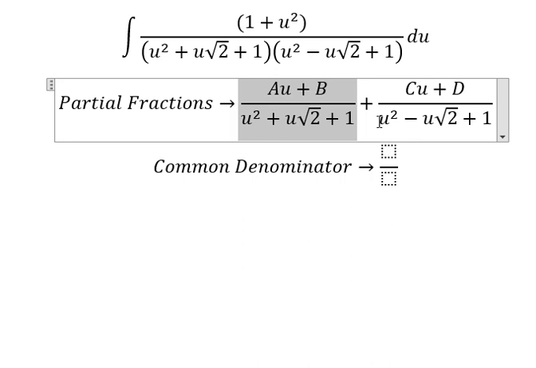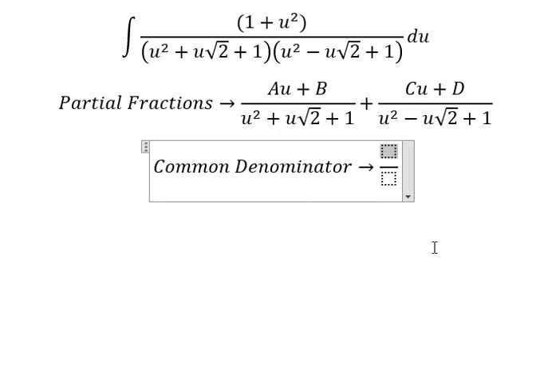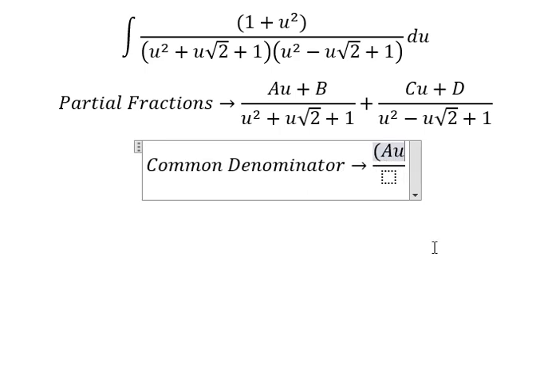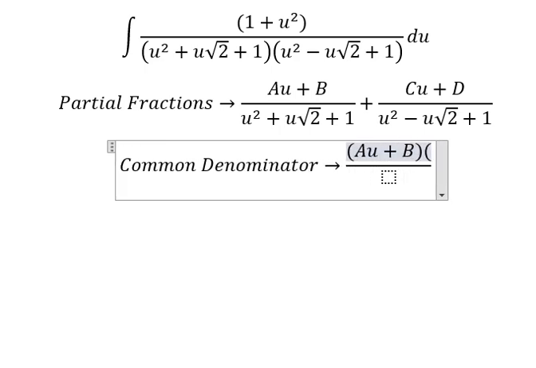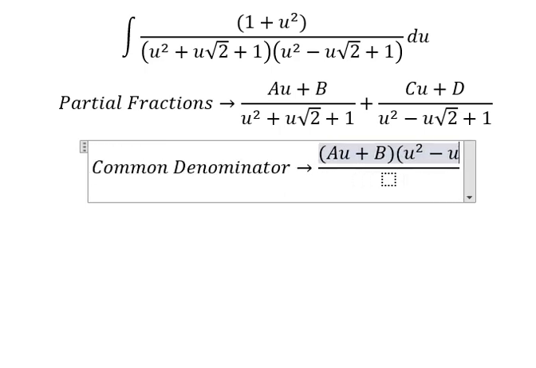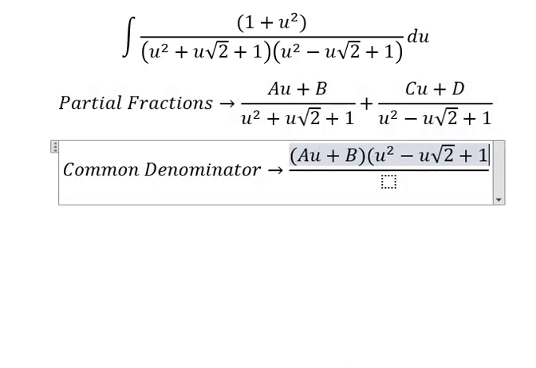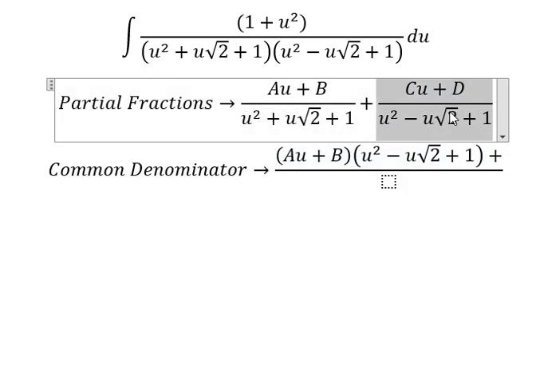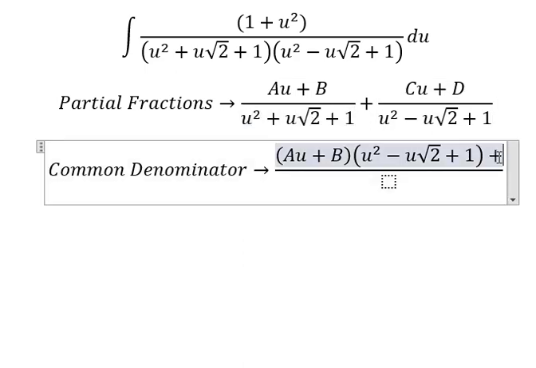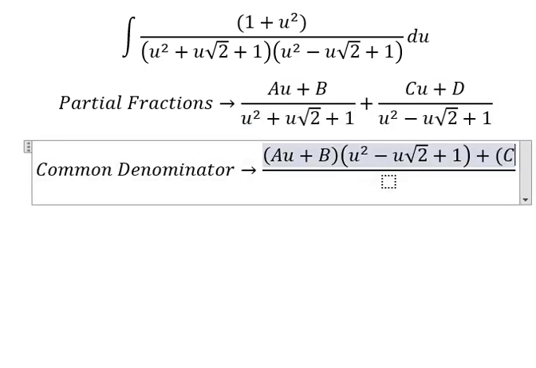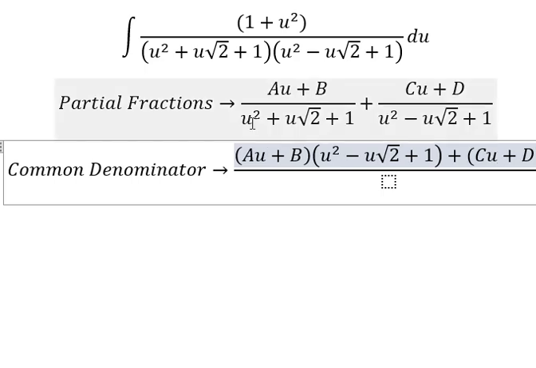This one is missing this factor, so au plus b multiplied by this one. This one is missing this factor, so cu plus d multiplied by this one.